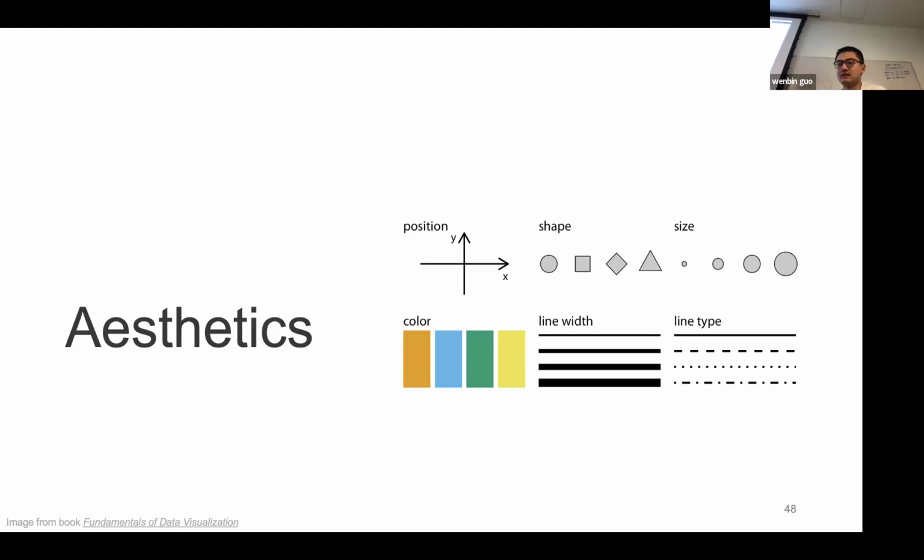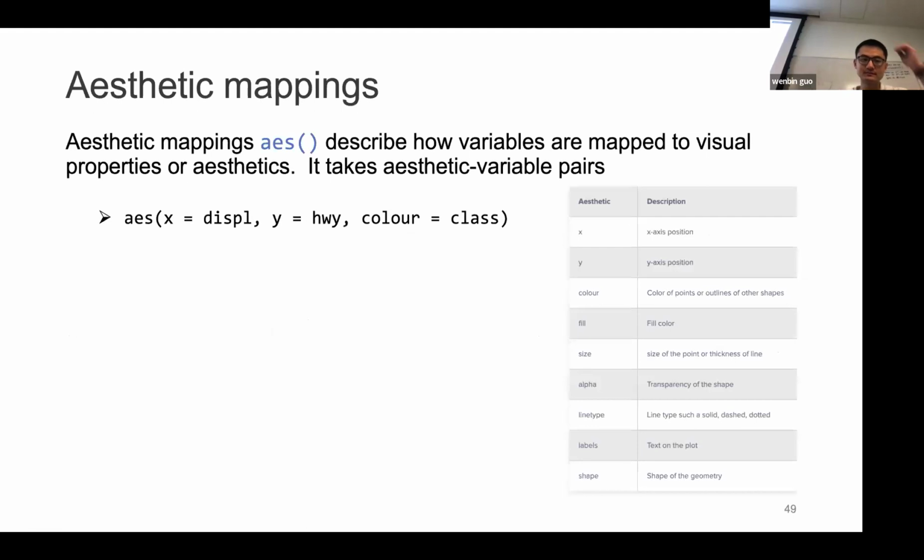Aesthetics, if you look at any plot, you will see the position x and y. This is an attribute of aesthetics, and also the shape of the dot, the size of the dot, different colors, line width and line type. All of them are attributes that can be specified in the aesthetic mapping.